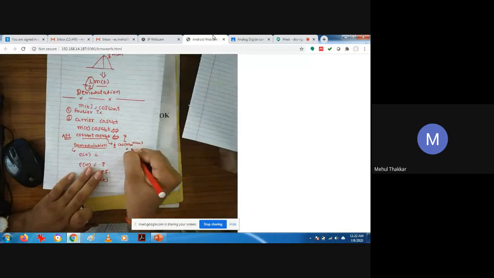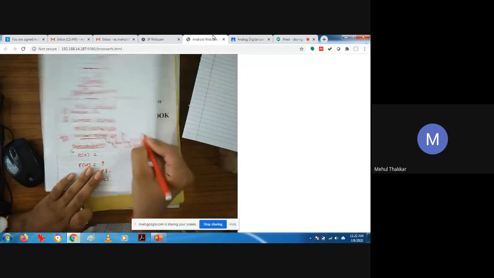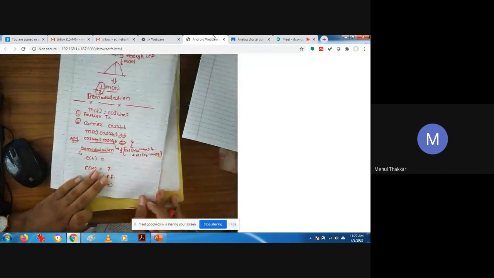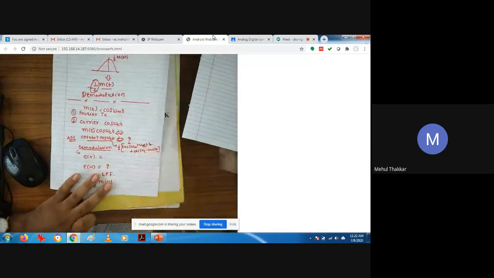Afterwards we will not do it in detail. If you are not able to do it, I'll take it in homework. So it will be two components, one at cos (omega c plus omega m) t, and one at cos (omega c minus omega m) t.